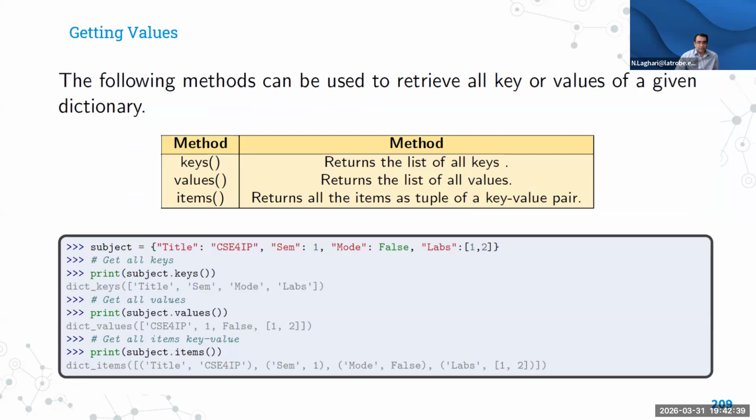Okay, so getting values: keys returns all the keys. So let's see, get all keys. We have got subject, and we want to find a list of keys. So there would be subject.keys. So we will get a list of all the keys, and then you can access all the items from that. So get all values.